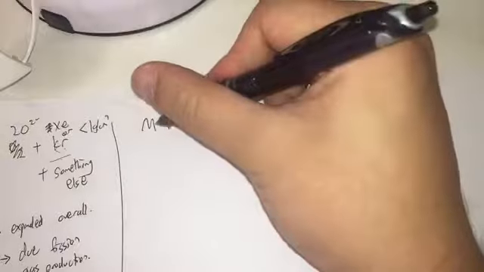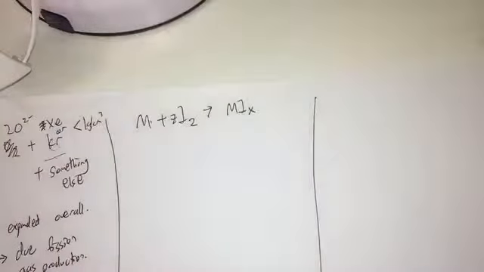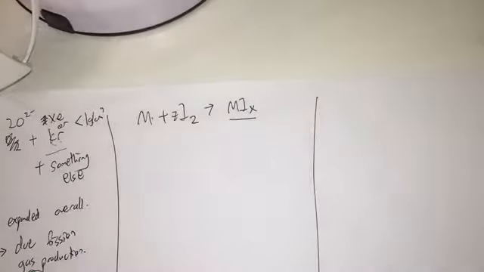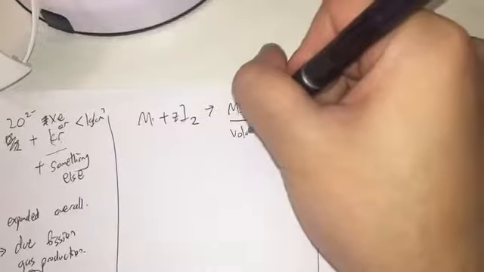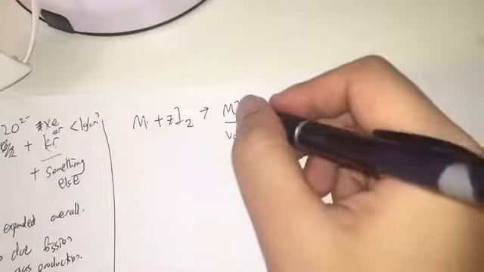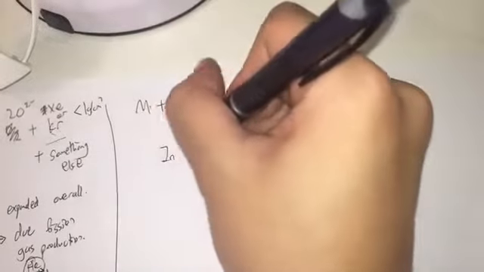M is a metal atom, and this is a Z number of iodine atoms, and it will form a metal iodide of some form. Now these are pretty volatile, and in a reactor, in fuel, these are pretty mobile.